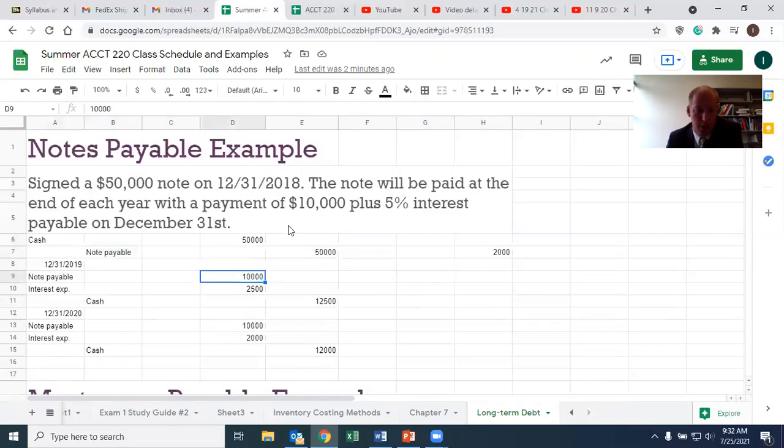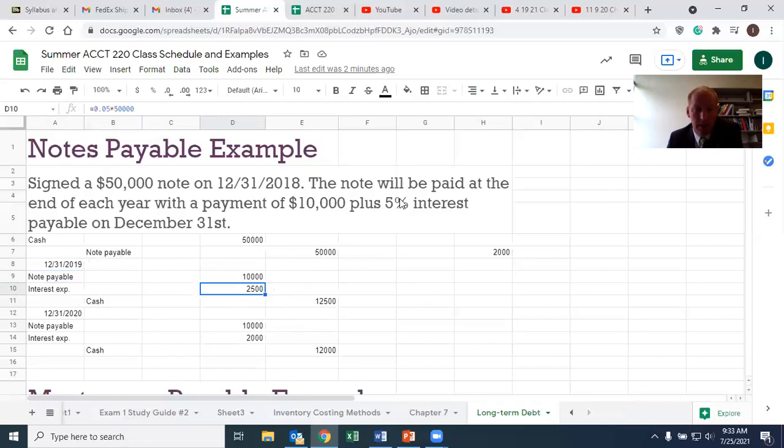So on the first year, after a year has gone by, we pay back $10,000. So we reduce down the principal, which is the note, okay? So we debit it to reduce down this $50,000 liability. We've dropped it down by $10,000 now. And then we need to calculate the interest expense for that period of time.